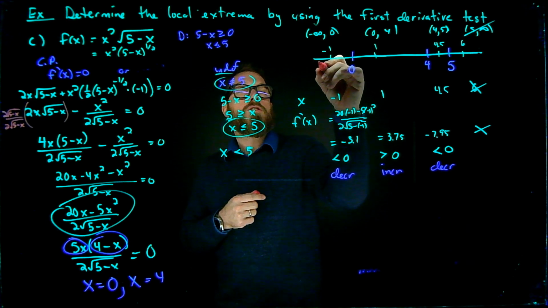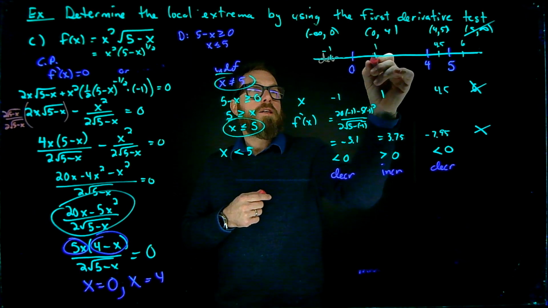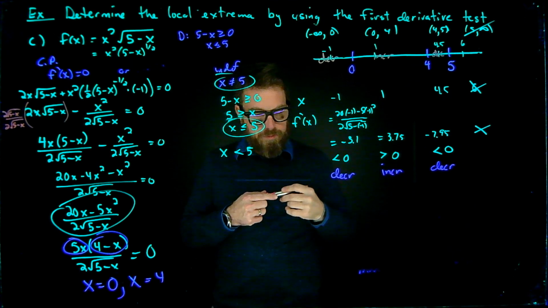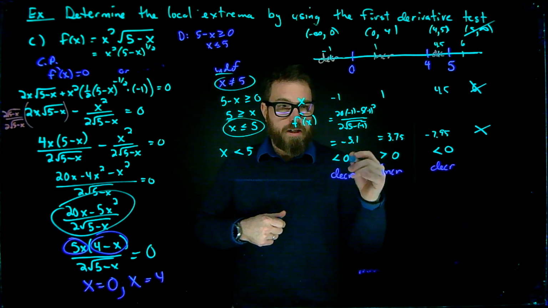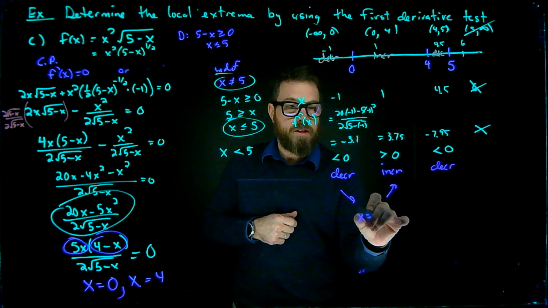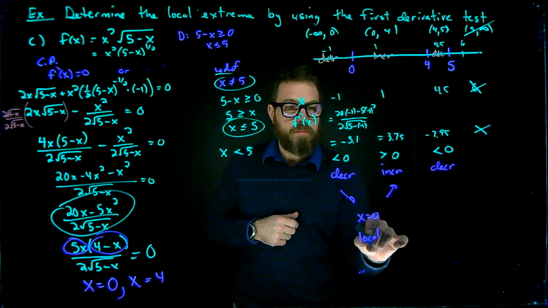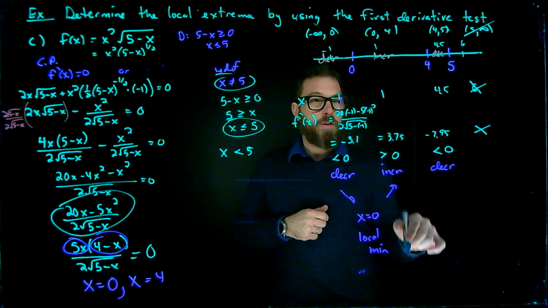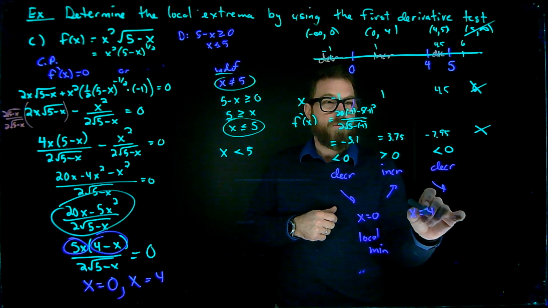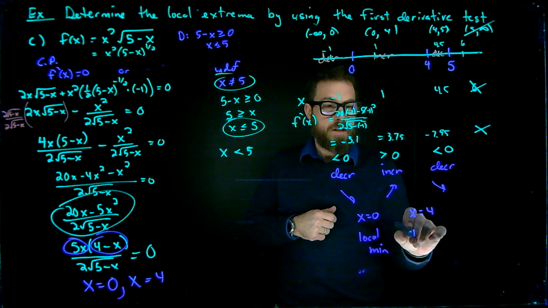Oh well. So this is decreasing, this is increasing, this is decreasing. So what we know is it's decreasing first, increasing second, which means x equals 0 is a local min. Similarly, it's increasing first and decreasing second, which means x equals 4, right here, is going to be a local max.